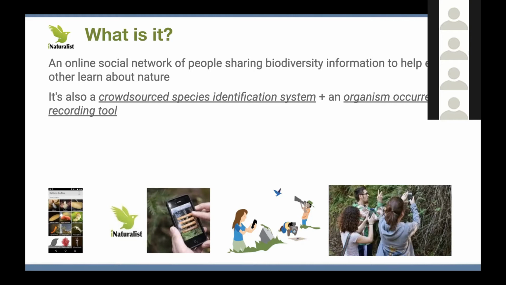So this is why it's crowdsourced, and people come from all over the world. I've had my own observation refuted by naturalists in Hong Kong that know a lot about our butterflies or our different mammals or vertebrates and things like that. Really fantastic. But what it is really, and we use that in our citizen science project, is an organism occurrence recording tool, meaning it's a database.